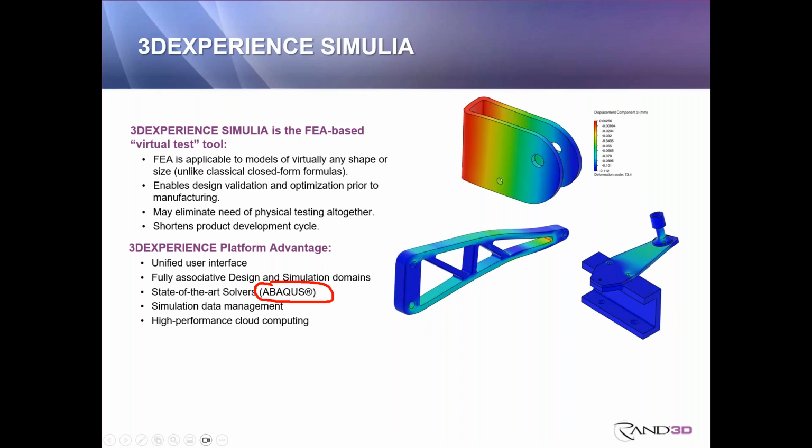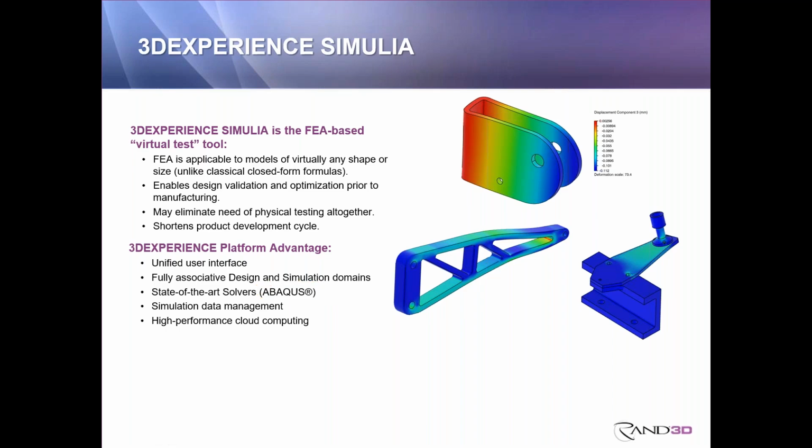And in 3DX, the solver is Abaqus, which brings certain challenges because Abaqus is a fairly complicated animal. In general, full-blown Abaqus would be good for experts. So the SO faced a challenge: how do we deliver the functionality to a more casual user, like design engineers, non-experts, non-specialists?